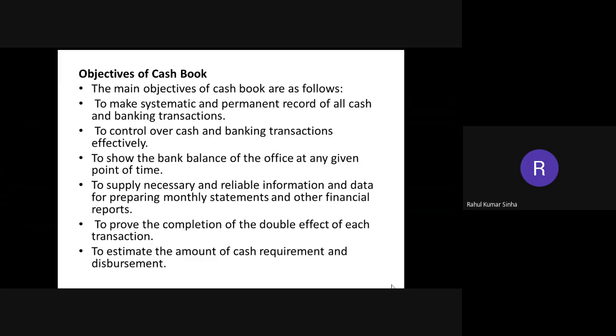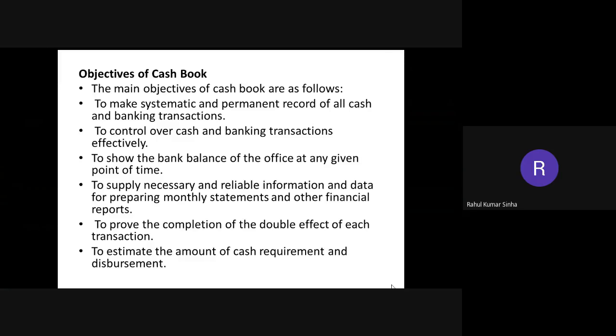And to know the bank balance at any time, to get the necessary and reliable information for preparing monthly statements and financial reports, the cash book is necessary. And to prove the completion of the double effect of each transaction, and finally to estimate the amount of cash requirement and disbursement. So when you see all these objectives, you can understand the importance of cash book.